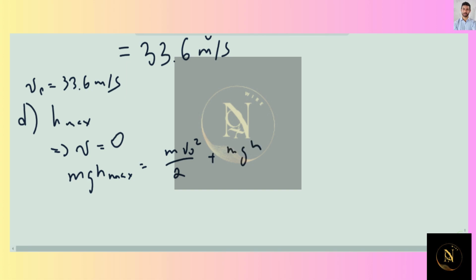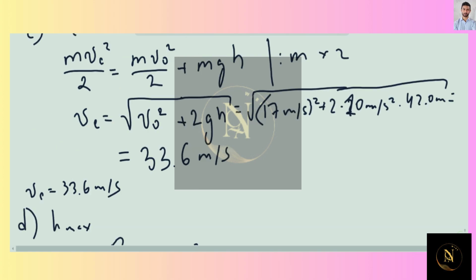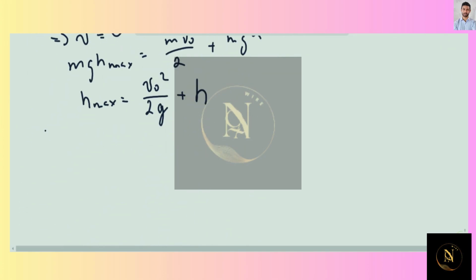So therefore, the maximum height h equals the initial velocity squared divided by 2g plus the initial height. Numerically it equals the following.